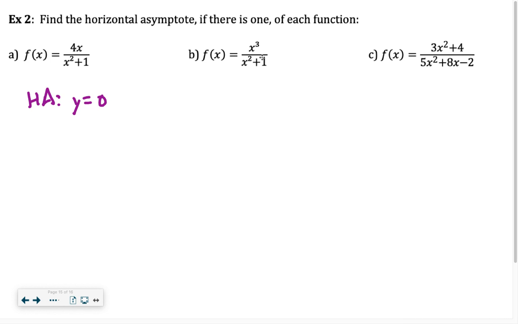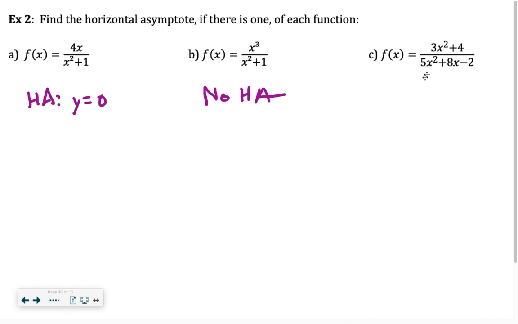In my second example, the degree of the numerator is greater than the degree of the denominator. That means there is no horizontal asymptote, or no HA. And then my third example here, my degrees are the same.